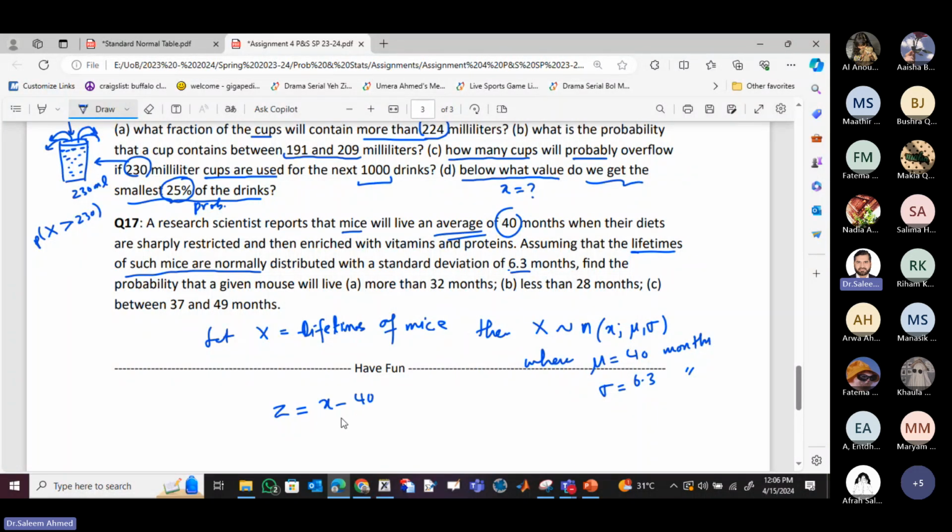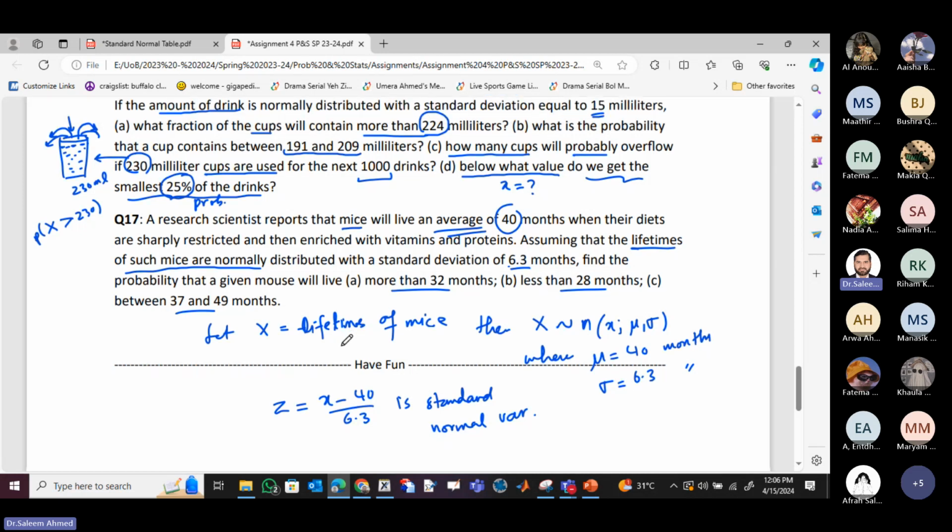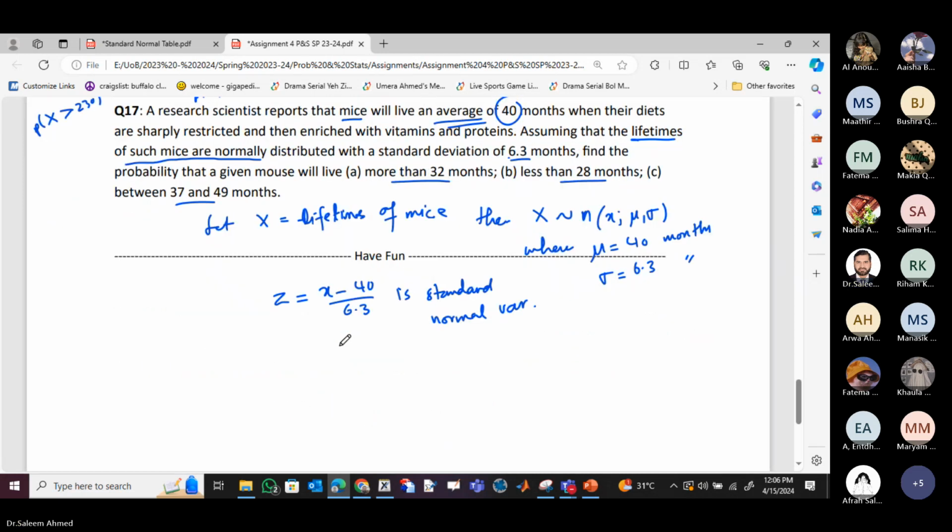Now we have to find the probabilities, but right after that, we write Z, which is X minus mu by sigma. So this is a standard normal variable. Now I can answer anything more than 32 months, less than 28 months, between 37 and 49. So we can clearly solve this question, no issue.